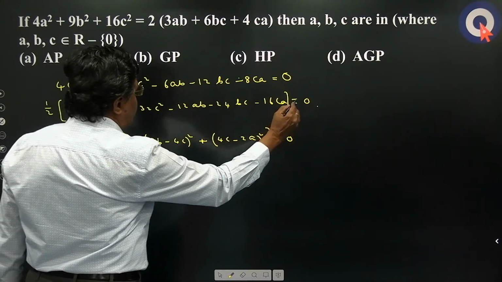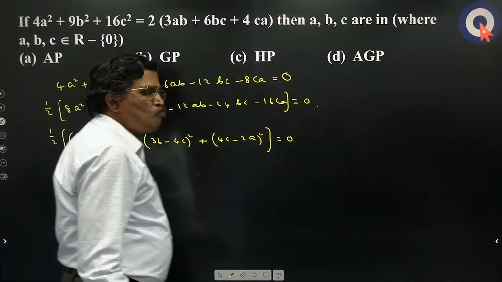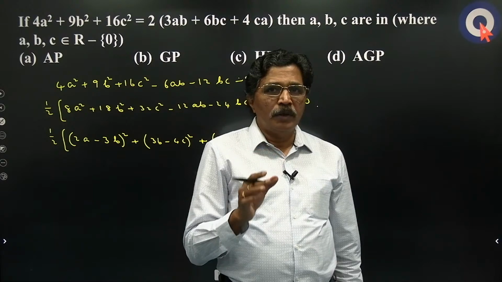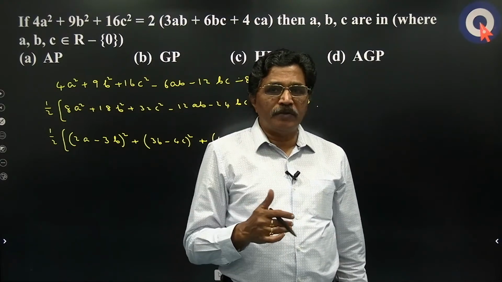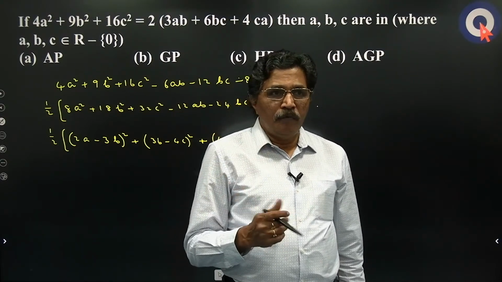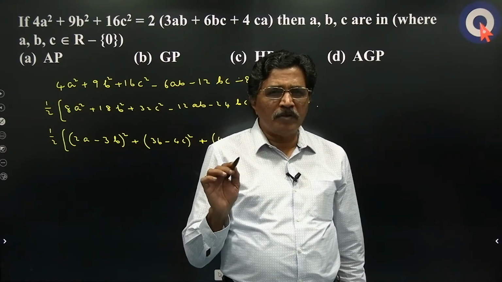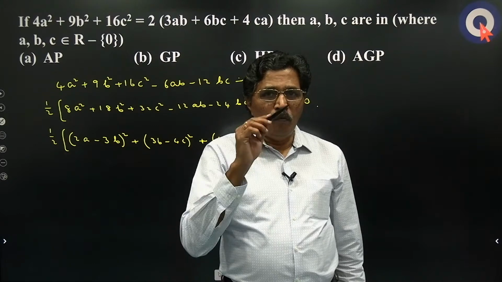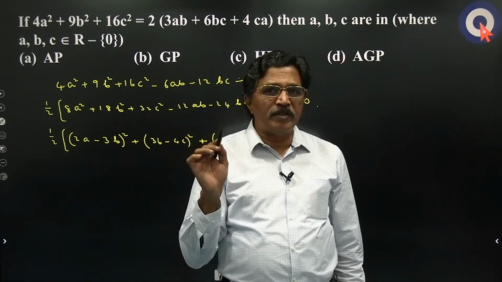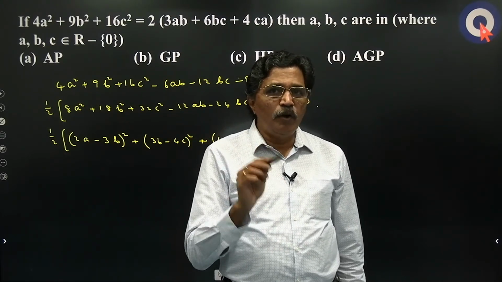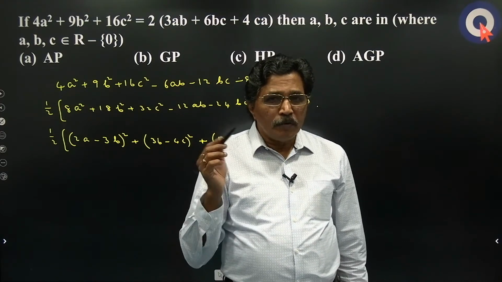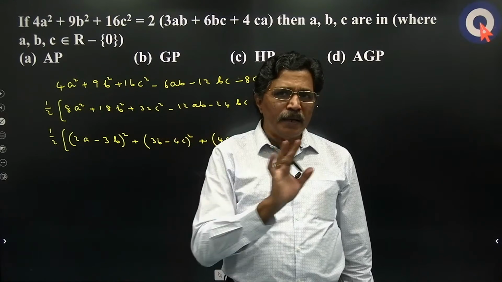You can check once. Basically, the thought for you also will come because in your school days, you have learned if a square plus b square plus c square minus ab minus bc minus ca, what you will do? 1 by 2 into twice this. And then you write half into a minus b whole square plus b minus c whole square plus c minus a whole square. So exactly the same thing we have done here, nothing else.